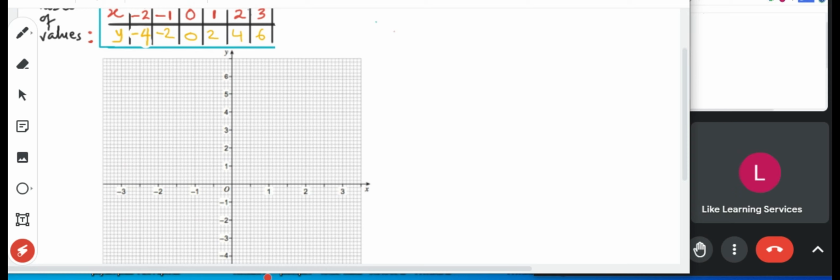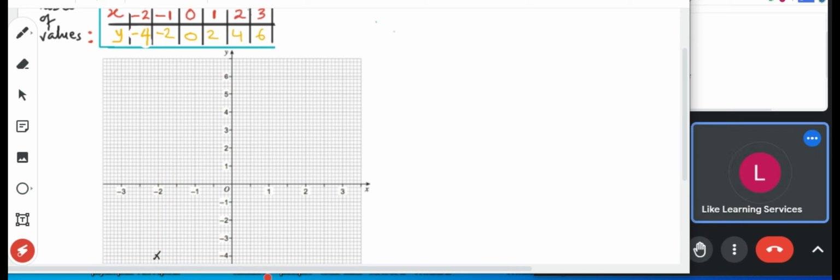Down to here. When x is minus 2, y is minus 4. Good. Minus 2 on x, minus 4 on y.